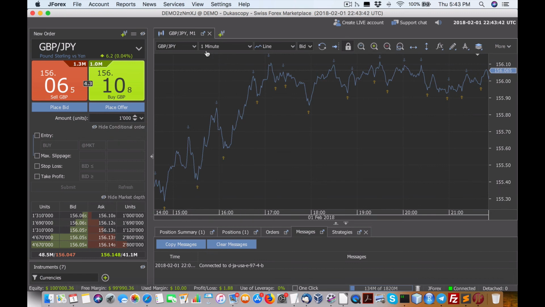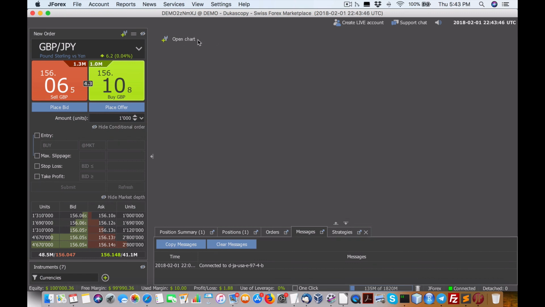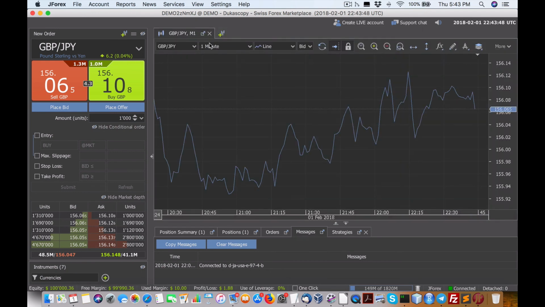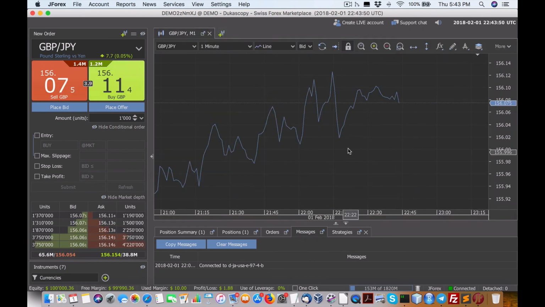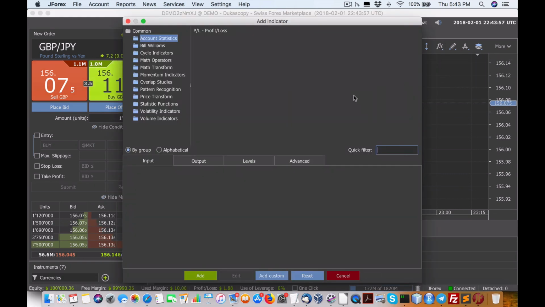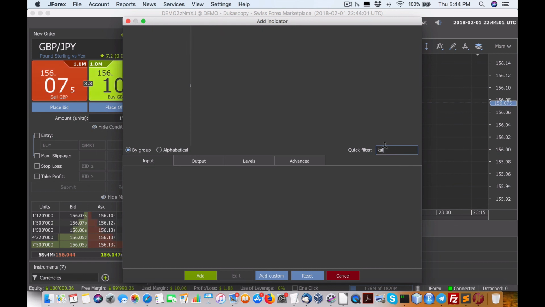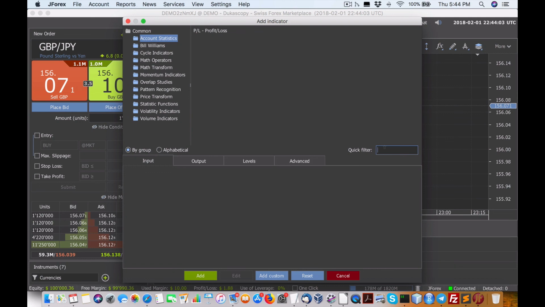Okay, so let me move on to a different chart. Close that. Oh, I'll just leave it at that. Okay, no indicators existing. Let me just try one more that's been coming up, Kalman. I don't think, no, so we can't do that.